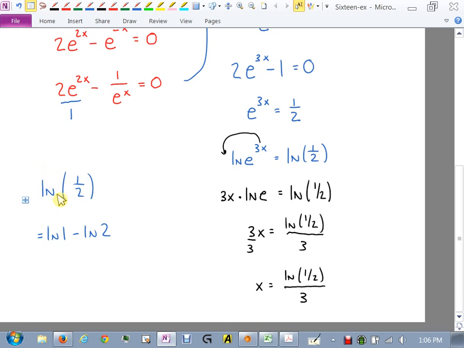That's a property of logs also. Remember, if you have division inside of a single log, you can split it into subtraction of 2 logs. And then what is the natural log of 1? 0. So this is really just negative natural log 2. Is that what it has in the back? So this, the back of the book might have this.